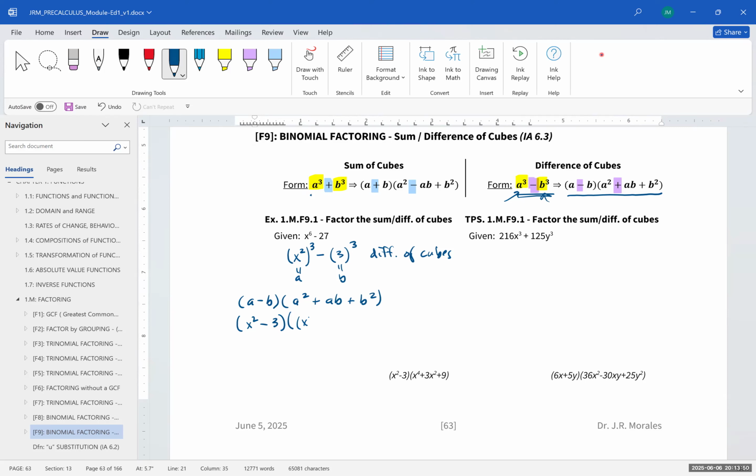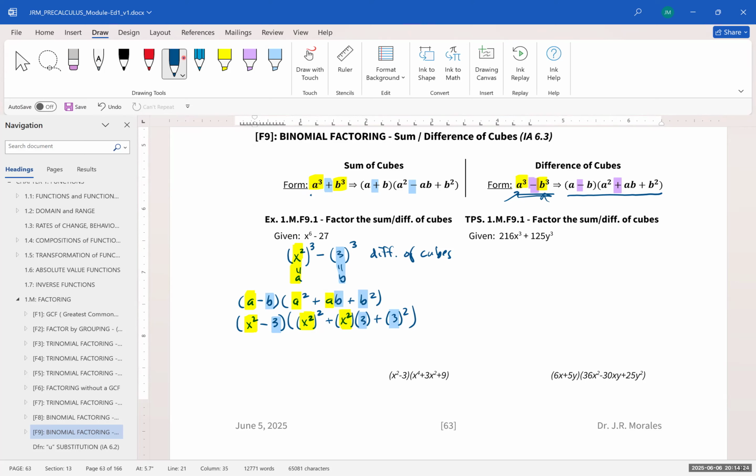And here we're going to have x squared squared plus x squared times 3 plus 3 squared. So everywhere there was an A, I put x squared in its place. And everywhere that there was a B, I put 3 in its place.